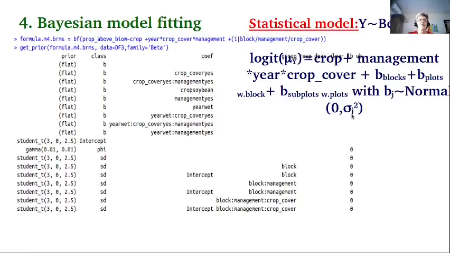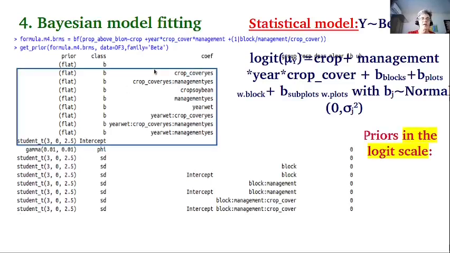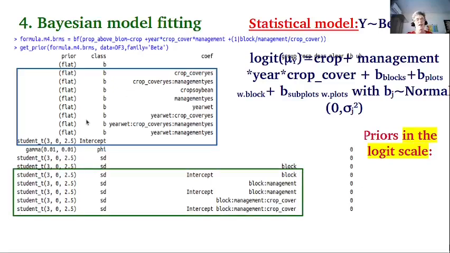We enter the formula here as a shorthand, and we use the command get_prior of the package brms in order to obtain the priors that need to be defined for all the components of the model. Here are the population level effects, and here are the components of the priors for the group level effects.